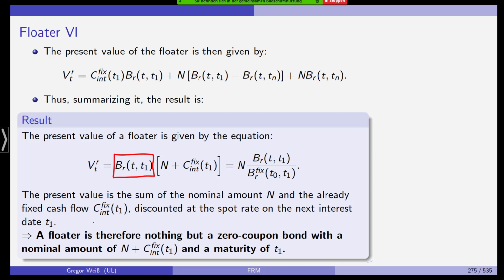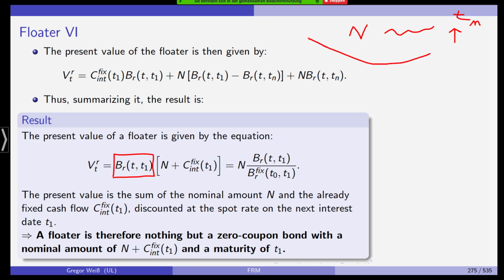Why is that? Well, if we have a variable interest rate, let's say we have a notional amount of N, and we are somewhere in the future, let's say Tn. The idea is that if the reference interest rate goes up, you get higher payments.